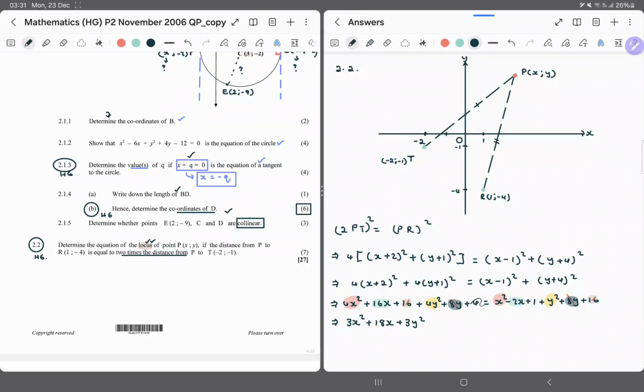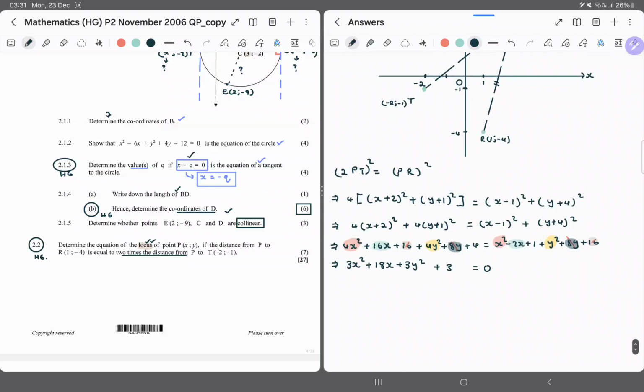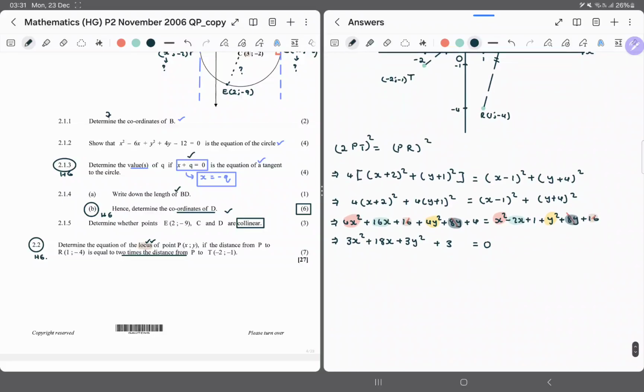So we've got 4 and 1, so 4 minus 1 is 3, equal to 0. Alright, it's not bad. We can divide by 3 throughout. So we get x squared plus 6x plus y squared plus 1 is equal to 0.